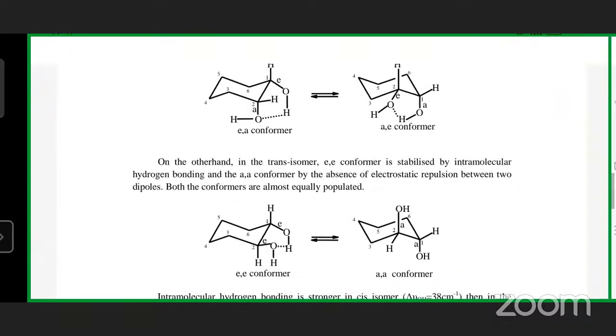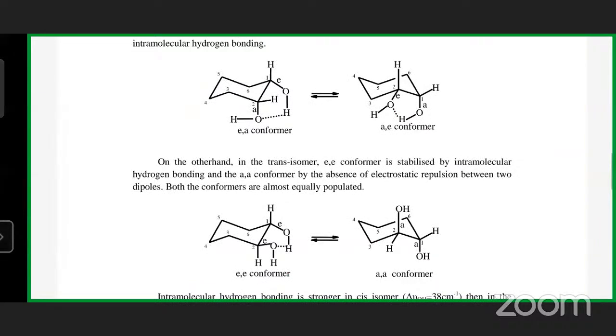Now you see in this particular trans conformation, right? The trans conformation where this particular axial-equatorial, right? Axial-equatorial where it is able to form the hydrogen bonding, because these two groups are reasonably nearer here. So they will be able to form the hydrogen bonding.